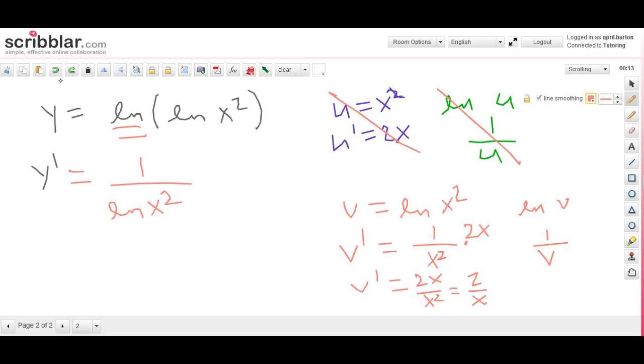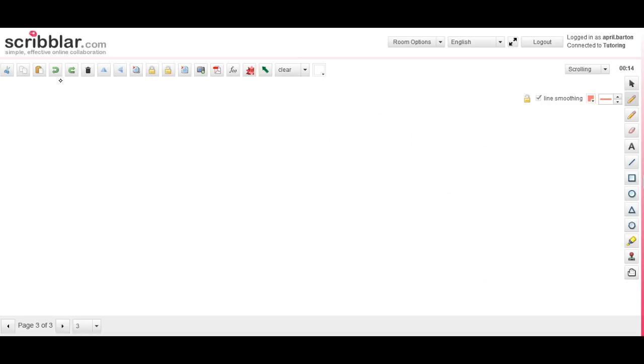So that's the derivative of the outside evaluated at the inside times the derivative of the inside, so times 2 over x. We can write this a little bit simpler as 2 over x natural log x squared. So if you don't like doing the actual separate u's and v's, you can just do it all in one go.